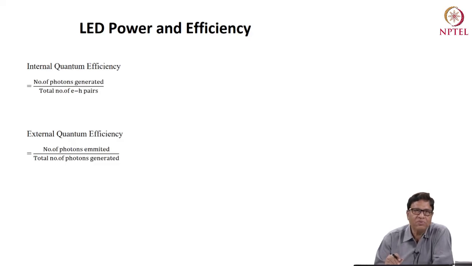Because ultimately the photons which are generated go outside, either getting coupled to the fiber or traveling to a different destination at some point B. So that is also important. Both quantities are important for sources. Let us try to understand these efficiency parameters.